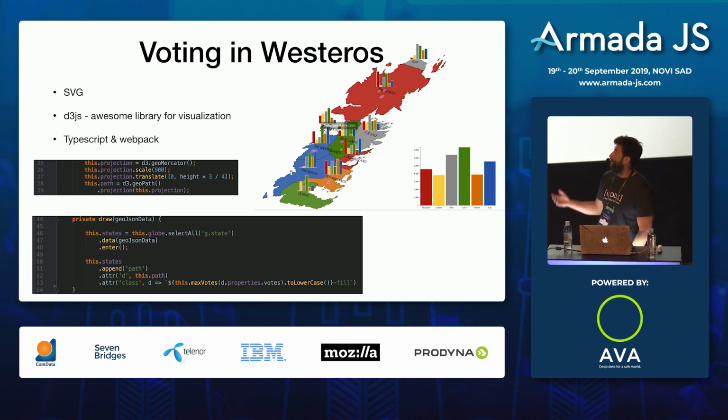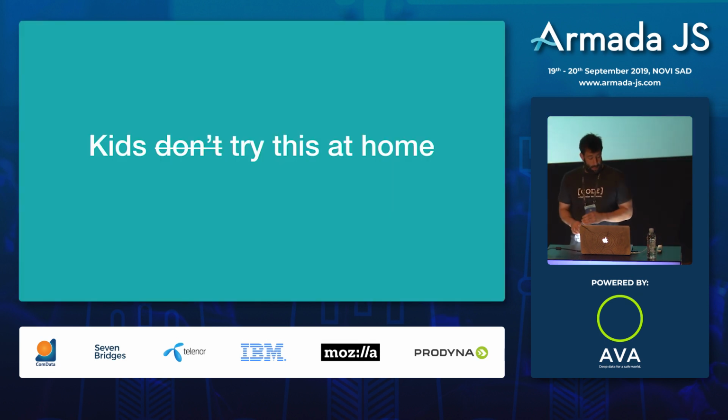It's 14 lines of code or less. You need something called GeoJSON, which is basically a JSON with polygons which should be drawn on the map.